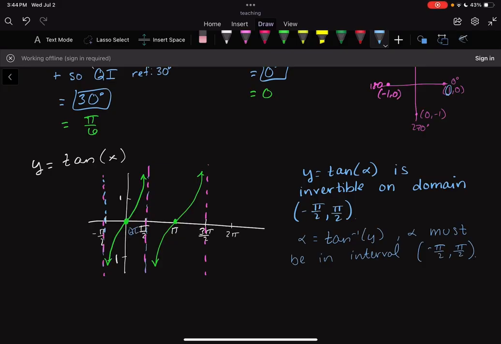So very similar to sine, it's just you have to use parentheses instead of brackets. So again, this is going to be quadrant 1 and quadrant 4. So we're going to find tangent is positive in quadrant 1, so that's where we're going to get our positive ones. And then it's negative in quadrant 4, so that's where we'll see, like if we want something negative, we would want an angle in quadrant 4.